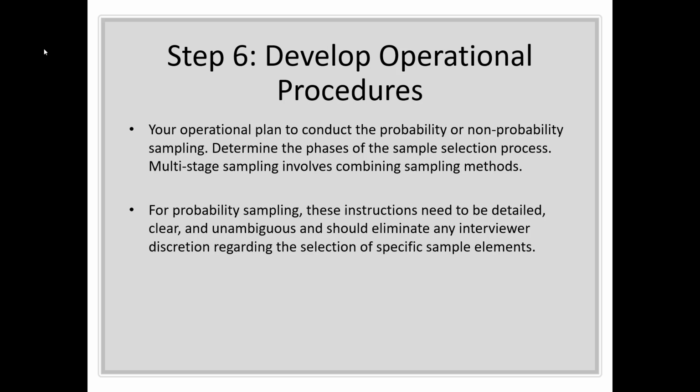You need to be very detailed and clear, and especially if you have interviewers involved, make sure that you limit interviewers' discretion as much as you can, and that the selection of specific sample elements is conducted according to your criteria.